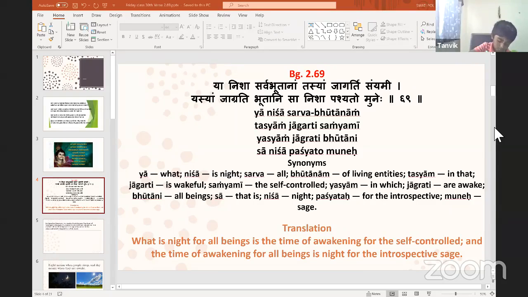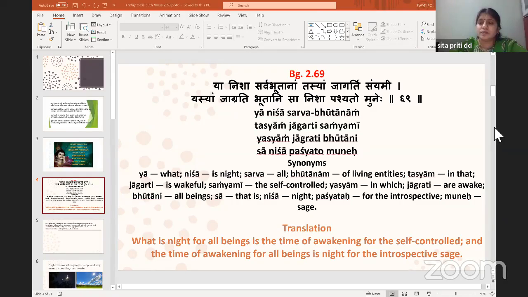Tasyam Jagrati Samyami. Tasyam Jagrati, Sayami. Yasyam, Yasyam, Yasyam Jagrati Bhutani. Yasyam Jagrati Bhutani. Yasyam Jagrati Bhutani.